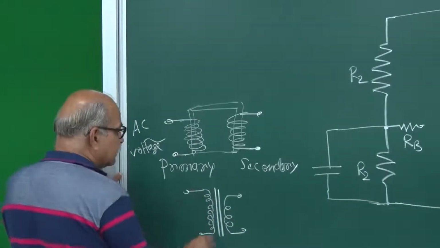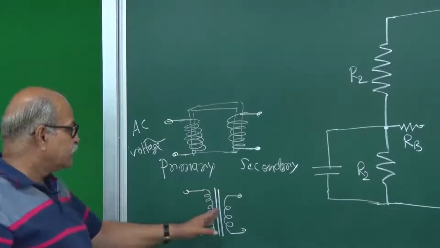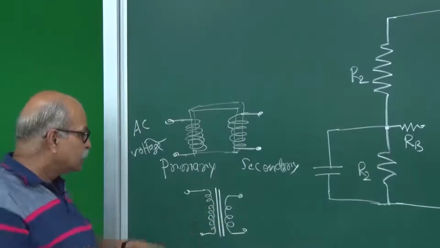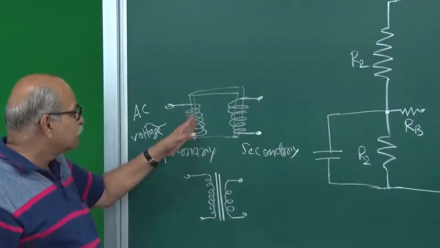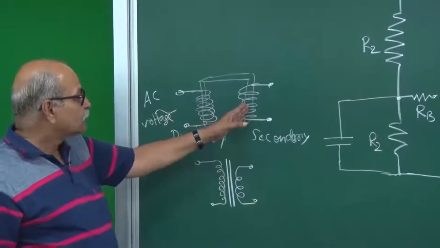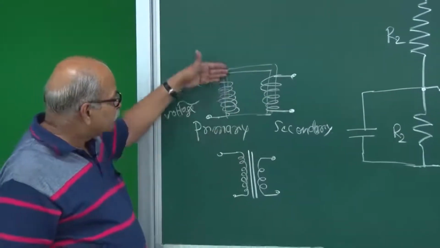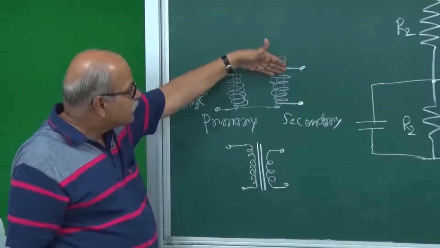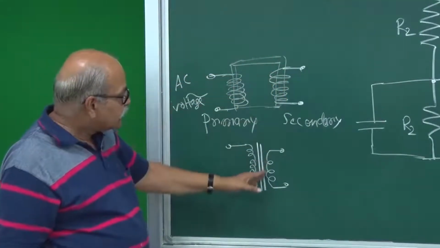So this is the symbol. These two vertical lines represent that core, which is the bridge for sharing magnetic field between this coil and this coil. Through this ferromagnetic thing, the magnetic field lines are guided, and you have this. So that is the symbol.